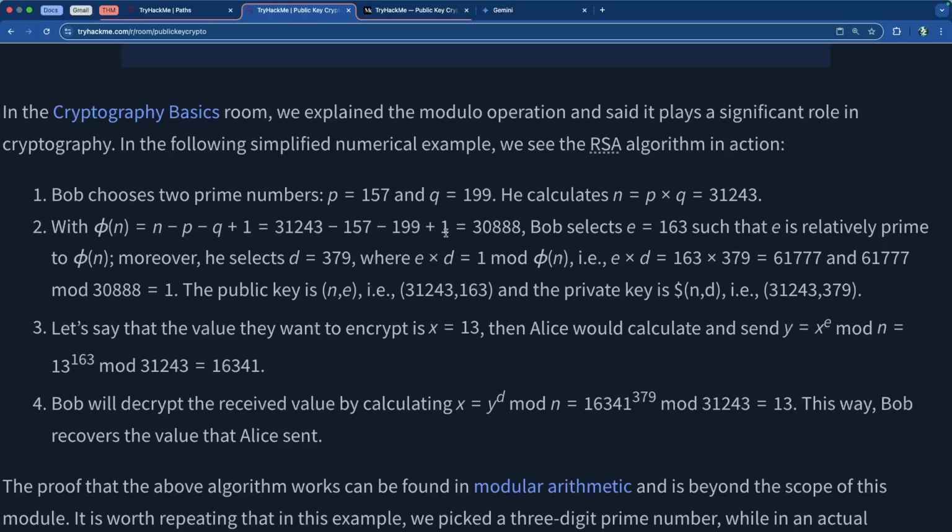This whole thing is a little bit confusing because of the way that they wrote this. If we look at this just being the formula to find out what this value is, what that means is that N, which is the product of these two, minus P, minus Q, plus 1.